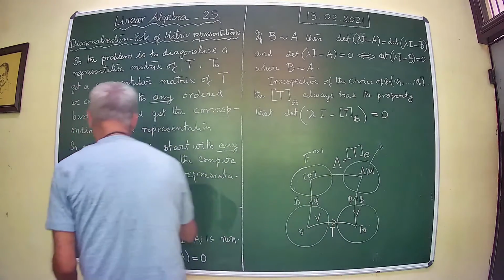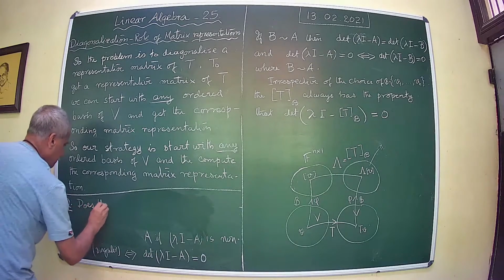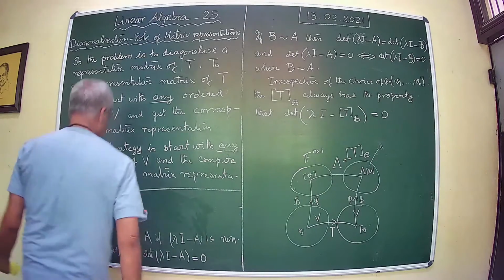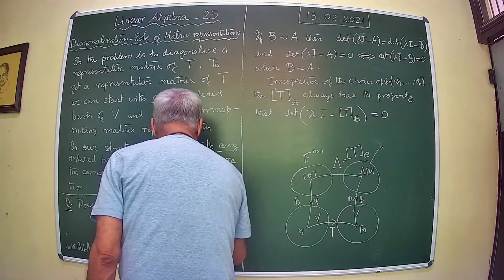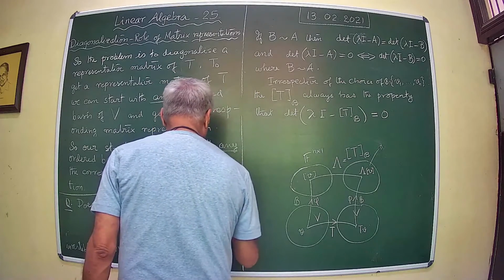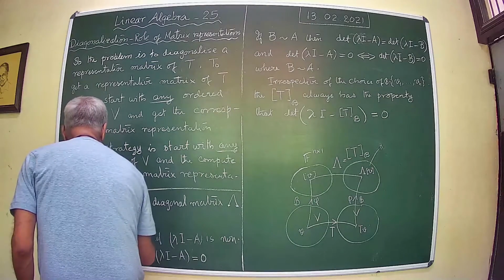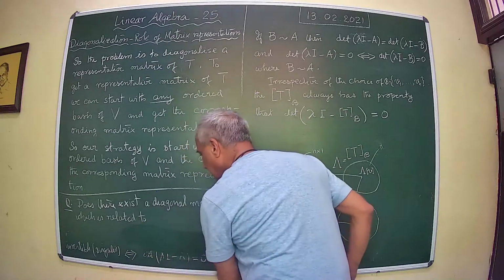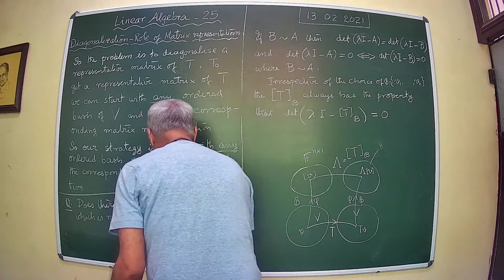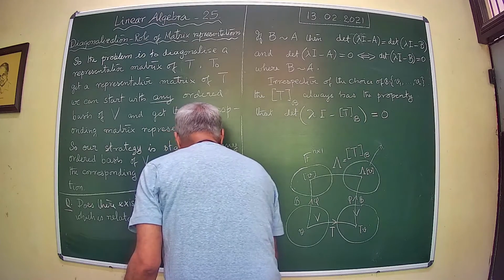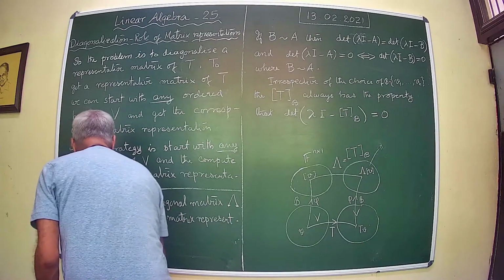So the next question is this: does there exist a diagonal matrix related to the matrix that we have constructed?